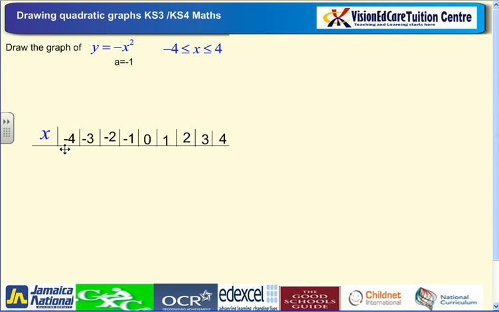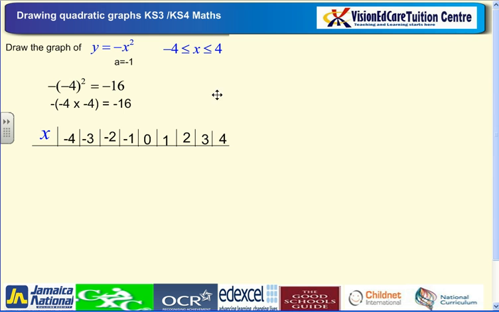Now our first x value is minus 4, but the graph says minus x all squared, so I'm going to show you minus 4. So it's minus negative 4 all squared. So negative 4 is in the bracket here. All squared, that's going to give us positive 16, but because it says minus x squared, it's going to be minus the value of x, which is minus 4, all squared, and that works out to be minus 16 when you expand the bracket and work it out.